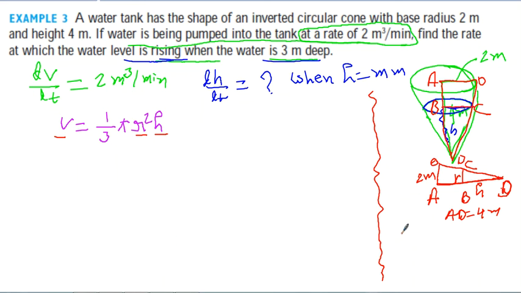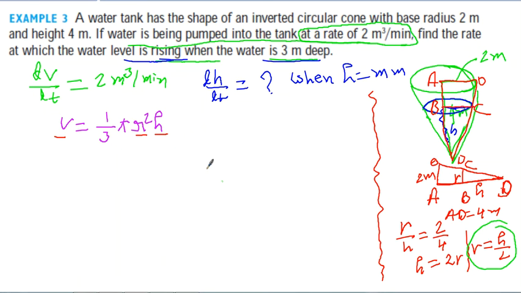So I can write the relationship r/H is equal to 2/4. It means H is equal to 2r, or r is equal to H/2. So both relations I can use. Here I have r equal to H/2, so I am going to replace the value of r.